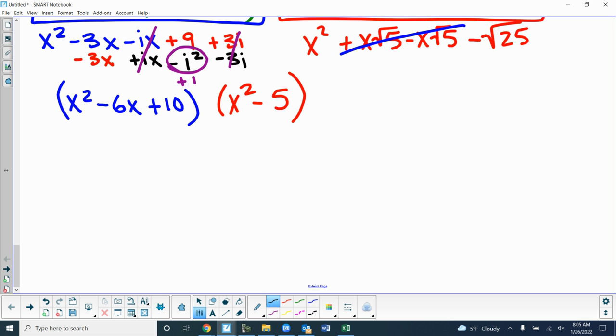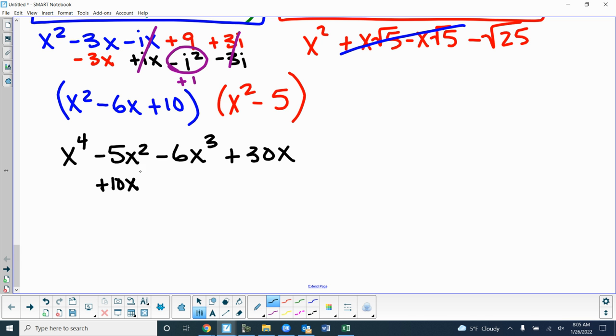So we'll go x squared times x squared, which is x to the 4th, and x squared times negative 5 is negative 5x squared. And then I go negative 6x times x squared is negative 6x cubed, and negative 6x times negative 5 is a positive 30x. And then I got a positive 10 times x squared is a positive 10x squared.